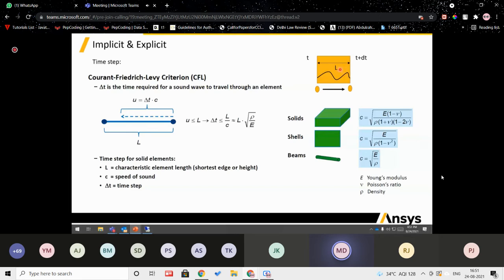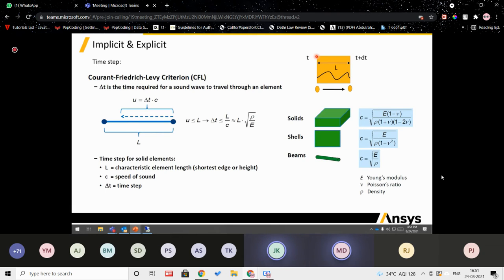Because let's suppose in the analysis, in the algorithm, we are computing displacement at this point, and for the next subsequent step we are evaluating this node. So the stress wave has to have traveled here first.